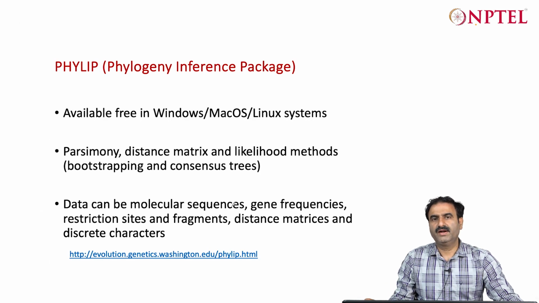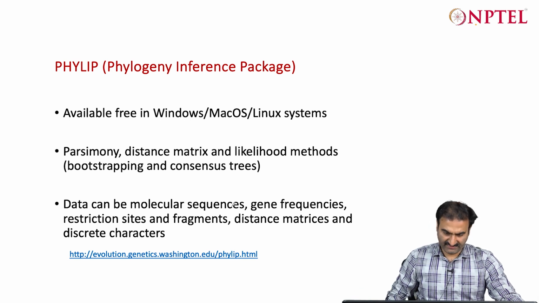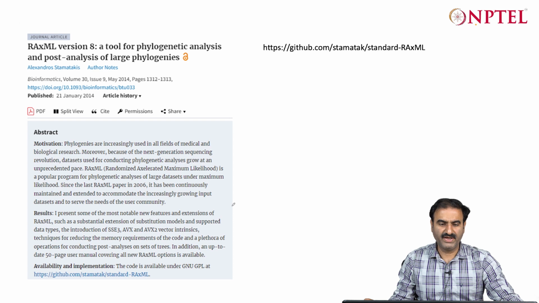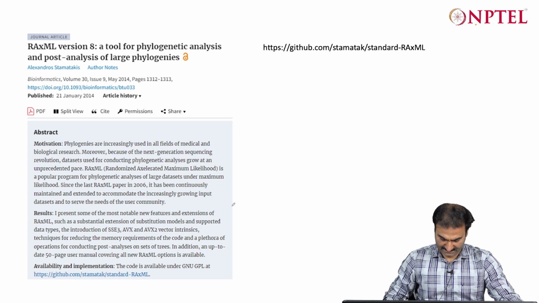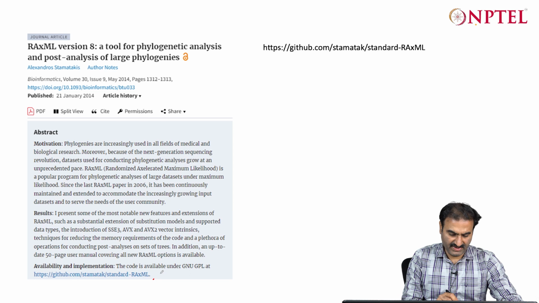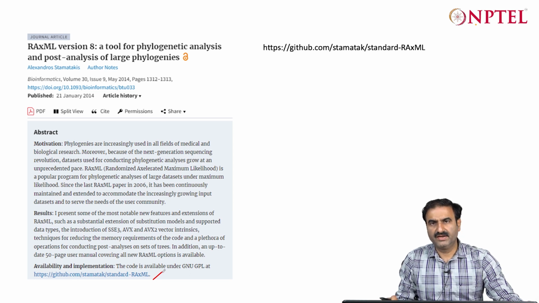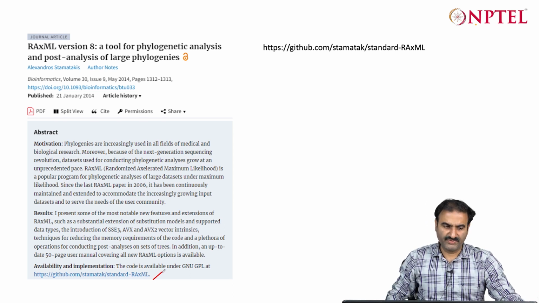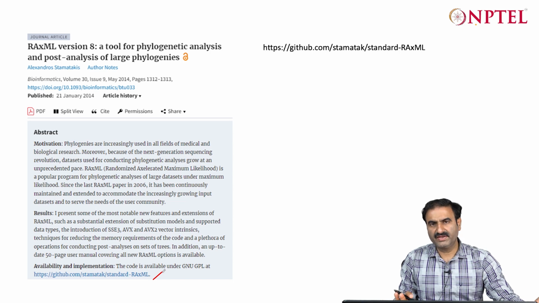Available packages such as Phylip or MEGA can be used to construct these phylogenetic trees. RAxML is another package for the complete phylogenetic and post analysis of the phylogenies. We have discussed this in the previous lecture also, and the same thing can be applied for constructing the bacterial phylogeny.